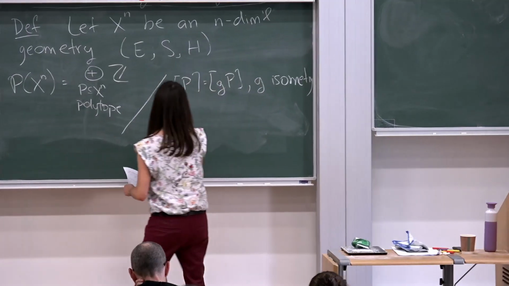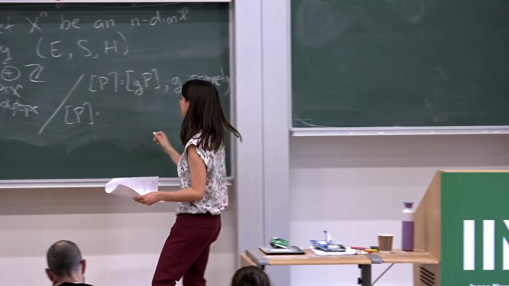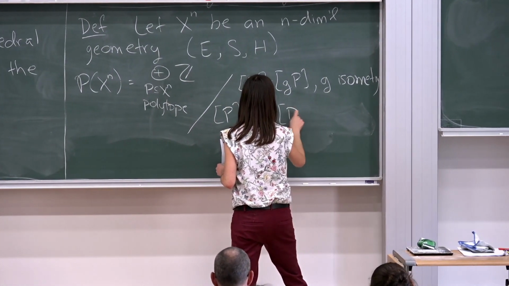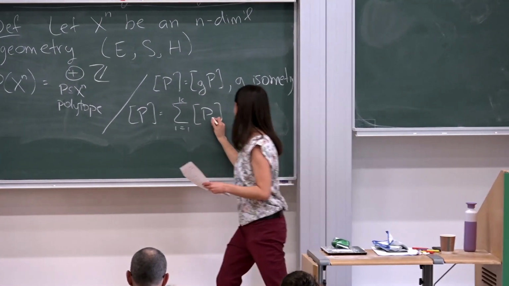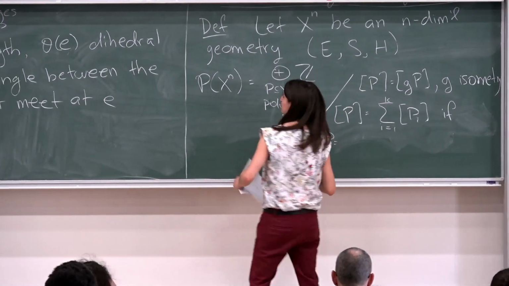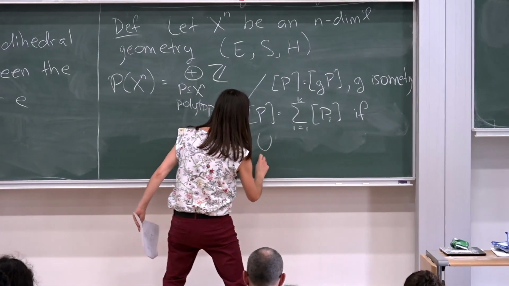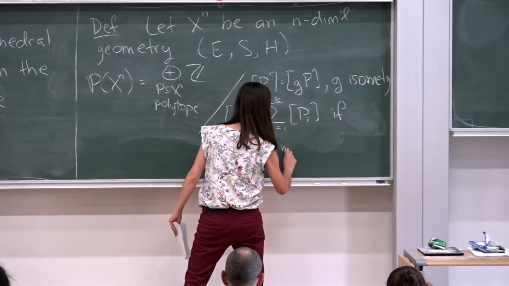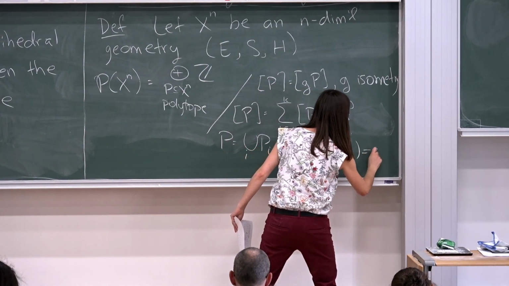And there's a thing that breaks the polytopes up into pieces: P is equal to the sum of the P_i if P is the almost disjoint union of these P_i, where they intersect at measure 0.